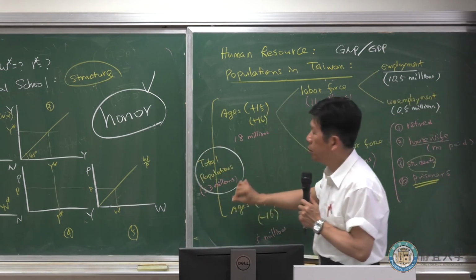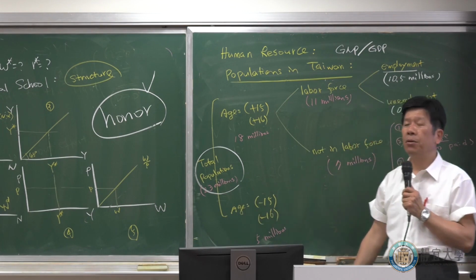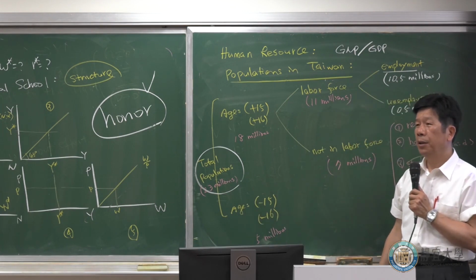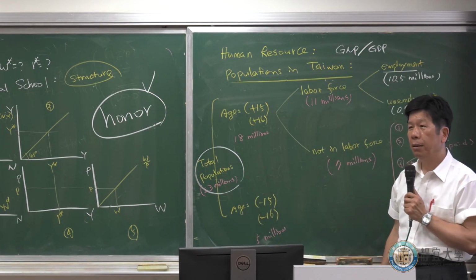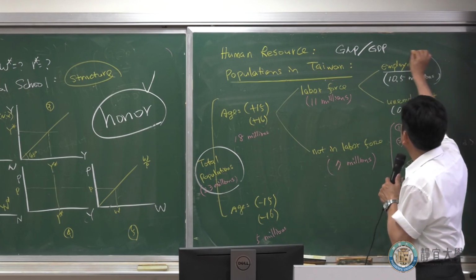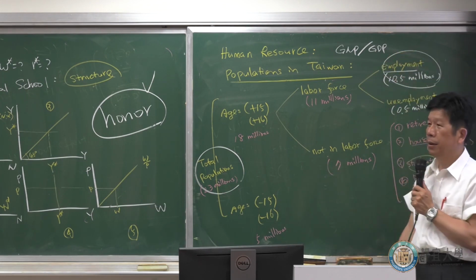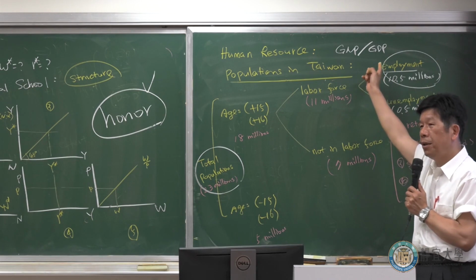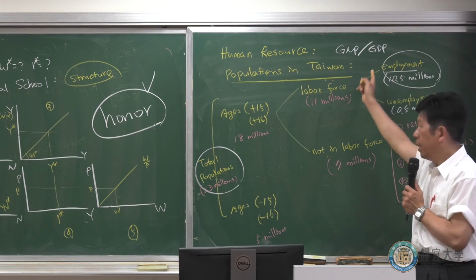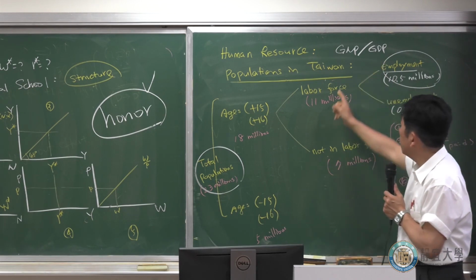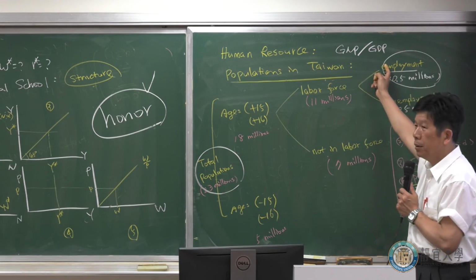There are so many people in the population, but who can create GNP or GDP? You can look only at these people, because these people are in employment. And all the other people depend on these people.